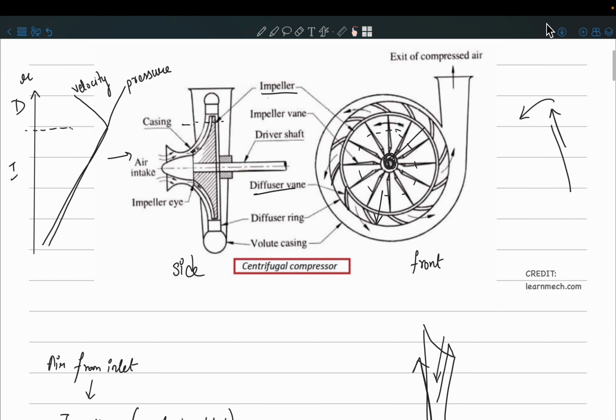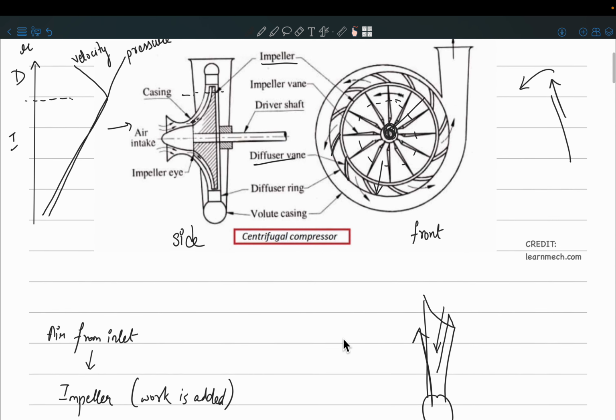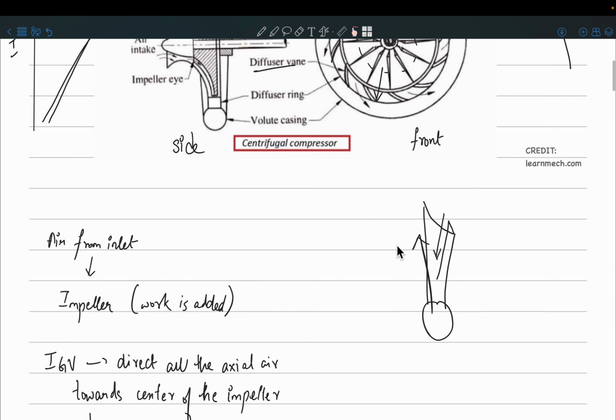But that doesn't happen. The blade of the impeller will be designed such that it has this very sharp, cusped edge. This is the impeller blade, and this is the inducer.